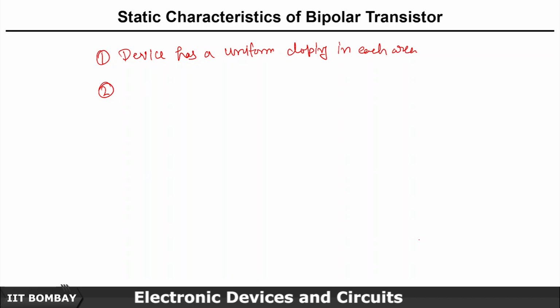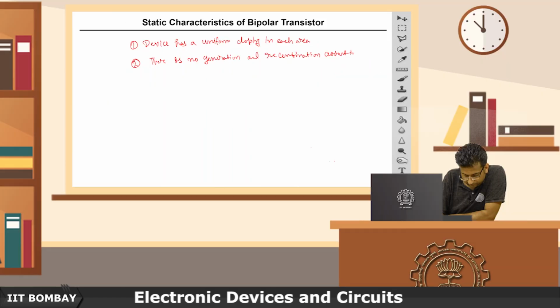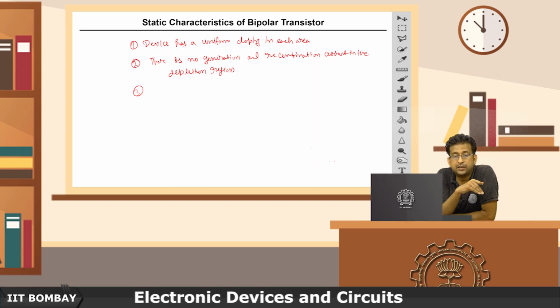Also we will assume that there is no generation and recombination current in the depletion region. And whole drift current in the base region or in the collector saturation current is negligible.